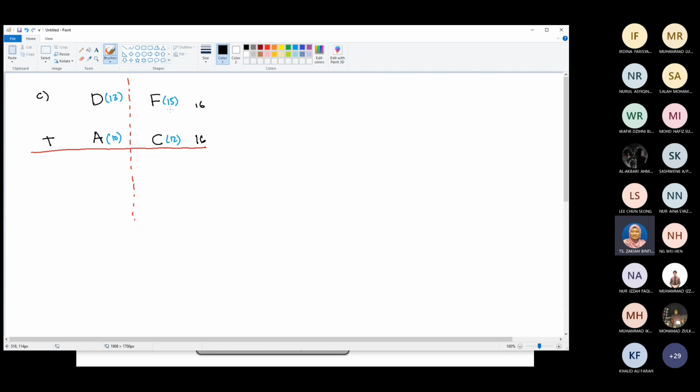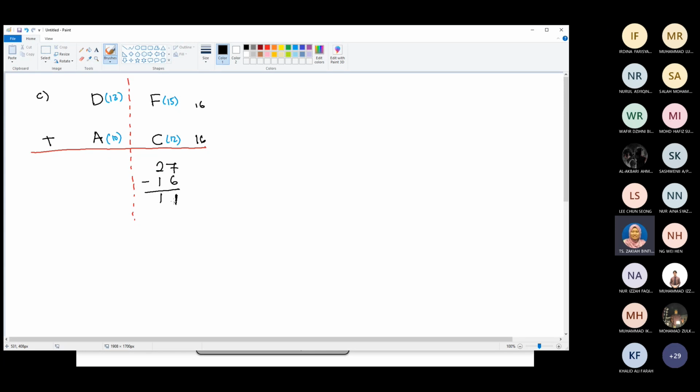F plus C is basically 15 plus 12. So 15 plus 12 is 27. So 27 you minus 16. So basically 7 minus 6 is 1, 2 minus 1 is 1.